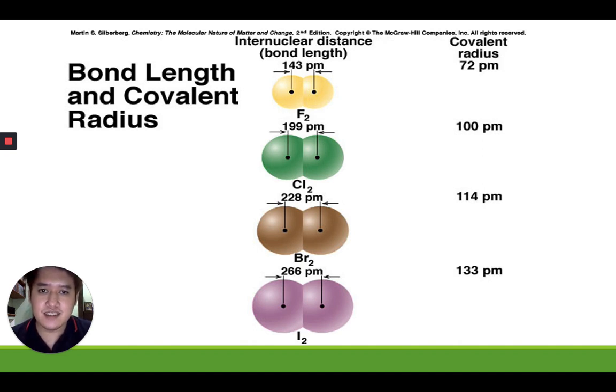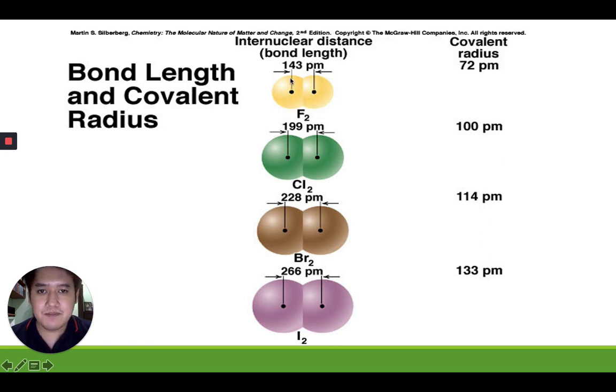Now here is a figure detailing the different bond lengths and covalent radius for certain nonmetals. Remember that we see atomic radii differently in metals and in nonmetals. We measure the atomic radius as half the distance between the two nuclei of bonded atoms.